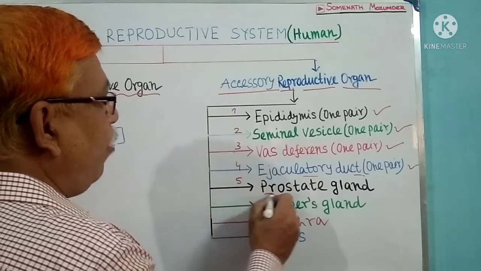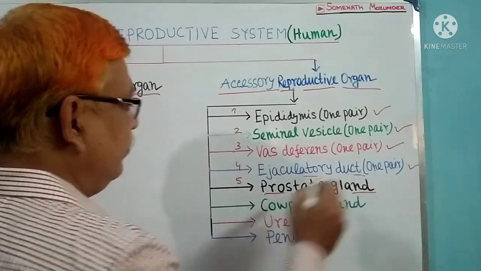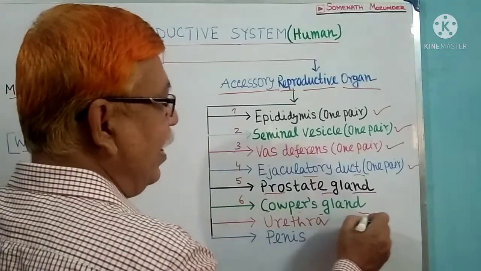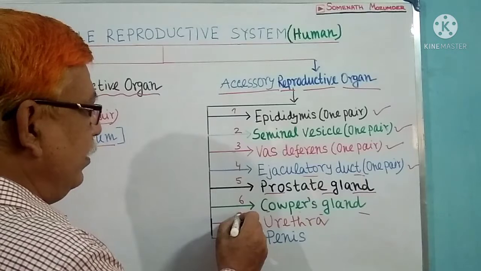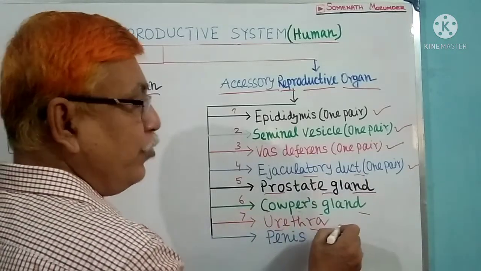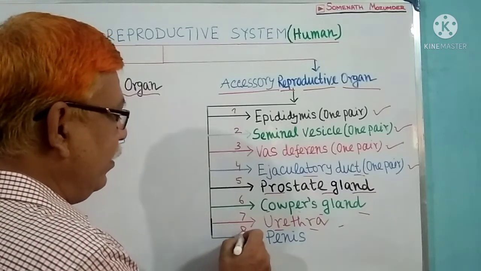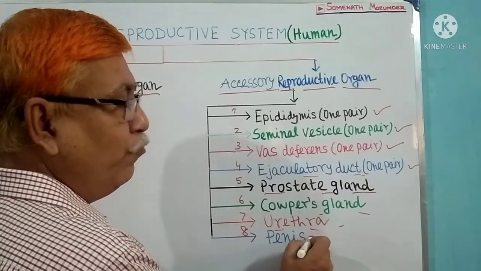Next, prostate gland. Next, Cowper's gland or bulbourethral glands. Next, urethra, one, and then penis, one.